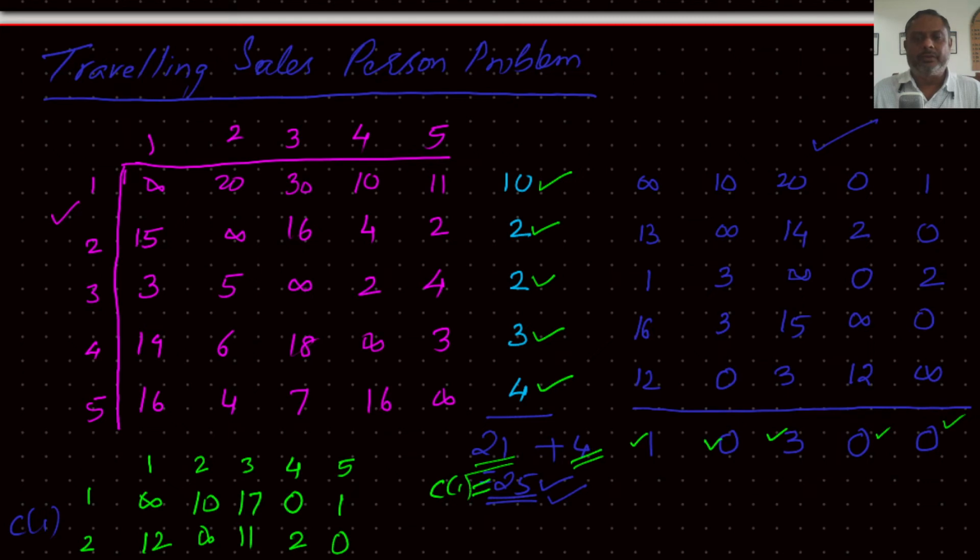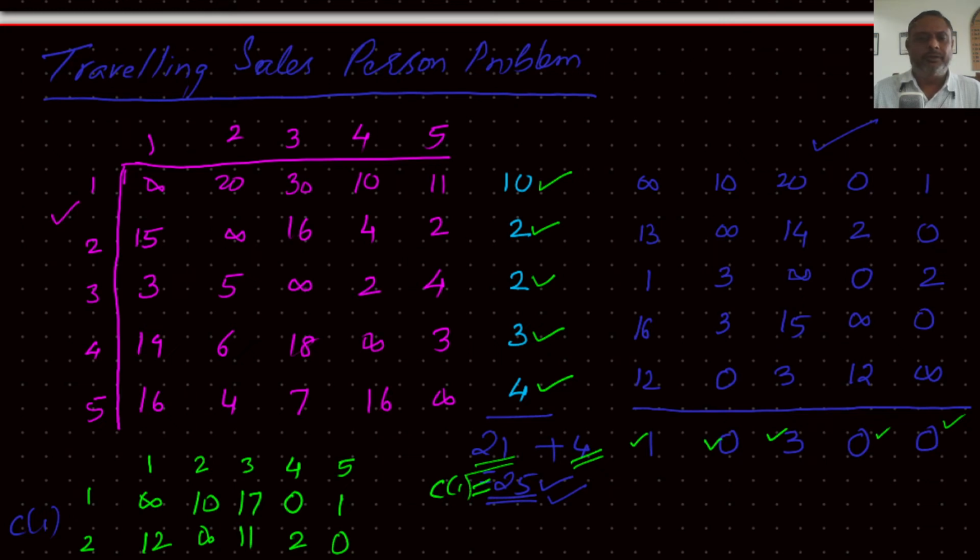Now cost of 1 4 3 will be cost of 4 to 3 plus cost of 1 4 plus cost of reaching 3 in this case. So 4 to 3 from your 1 to 4 case, 4 to 3 is 12.